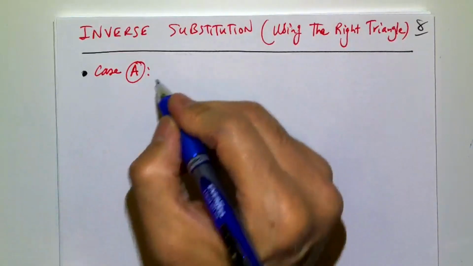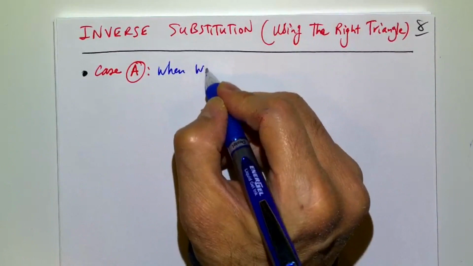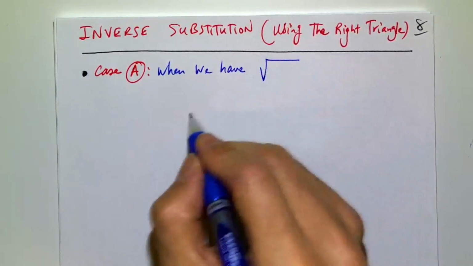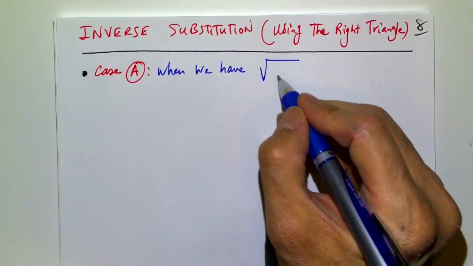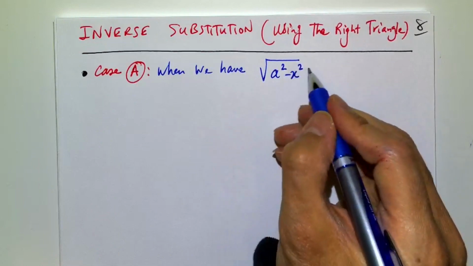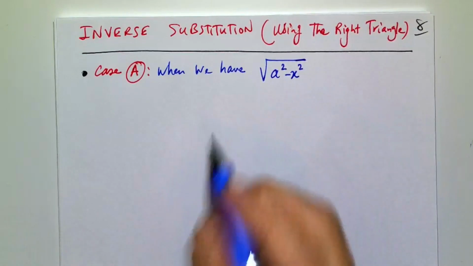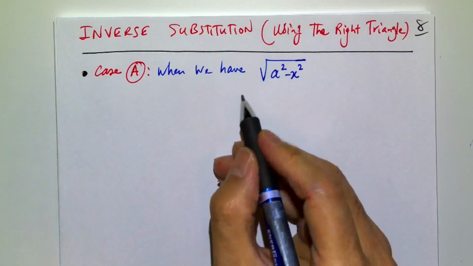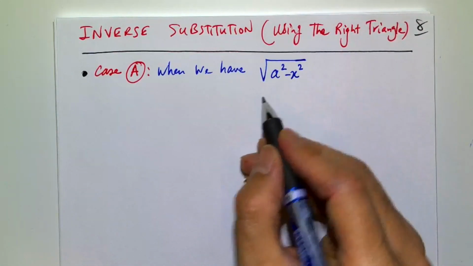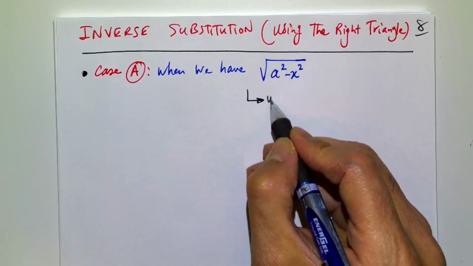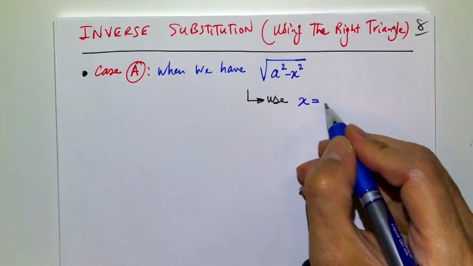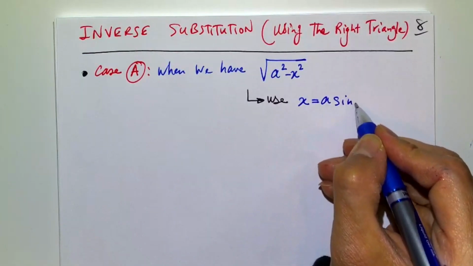When we have this term in our integrand, a square root of a squared minus x squared, we want to use x equals a sine theta.